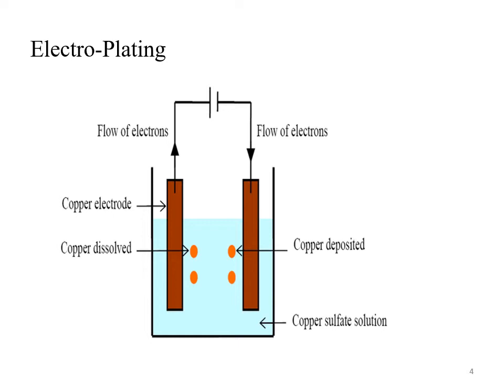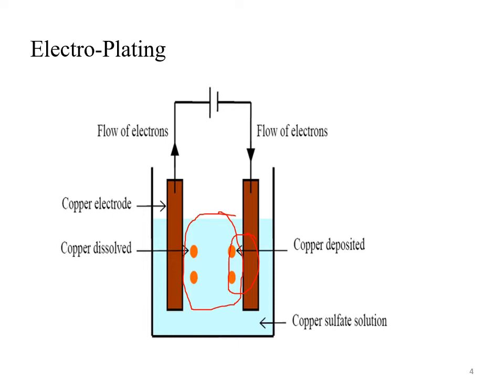This is the zone in which these metal ions would transport and get deposited over the other electrode. If we flush away the metal ions once they dissolve into the electrolyte, then obviously instead of getting deposited, these metal ions will move out of this zone.